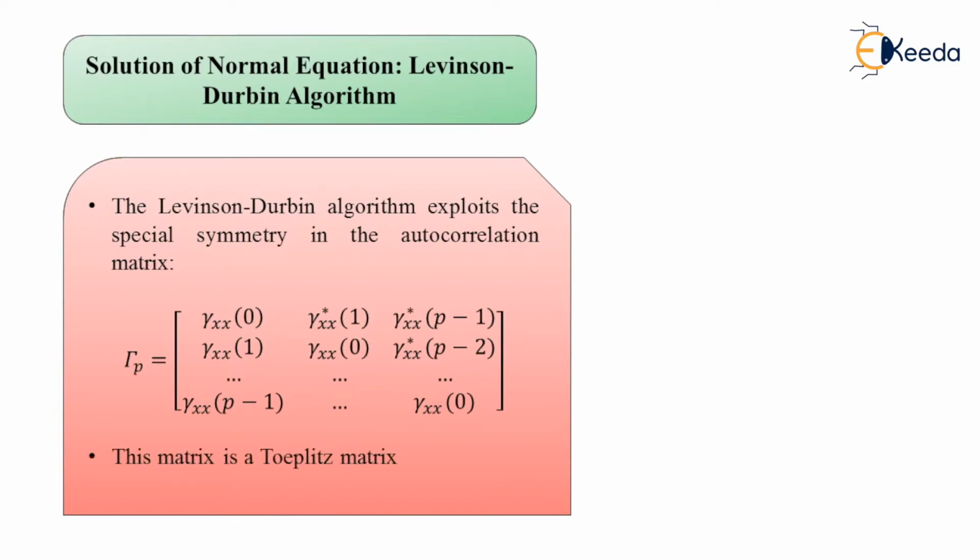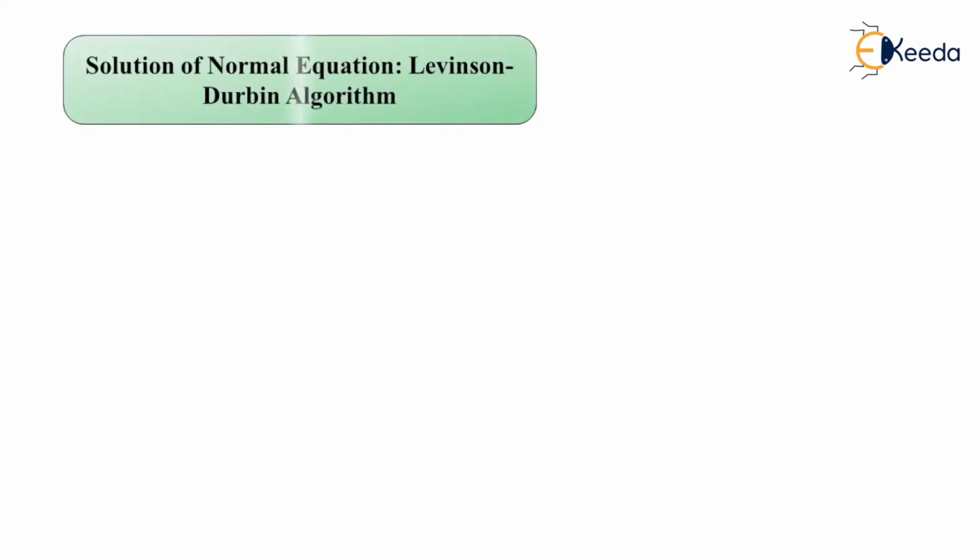Since gamma suffix p of i comma j is equal to the conjugate of gamma suffix p of j comma i, the matrix is also known to be a Hermitian matrix. Now the popularity of the Levinson-Durbin methodology for finding the solution to these normal equations is that it utilizes the Toeplitz property of the matrix, and proceeds in a recursive fashion.